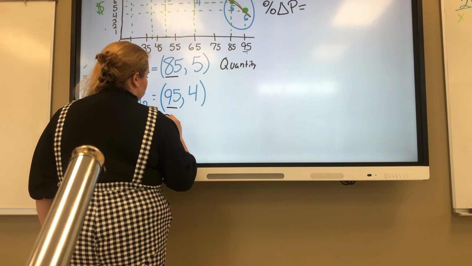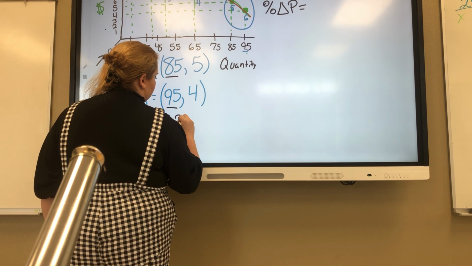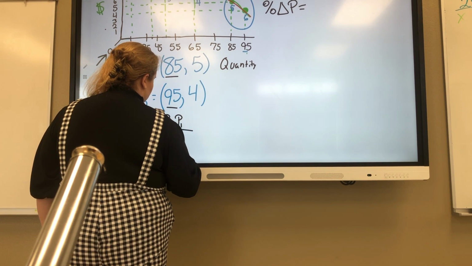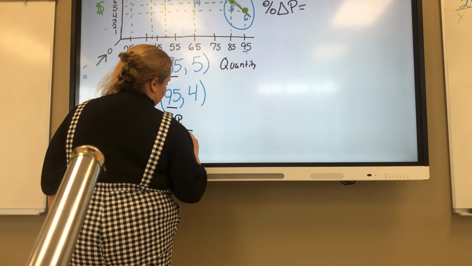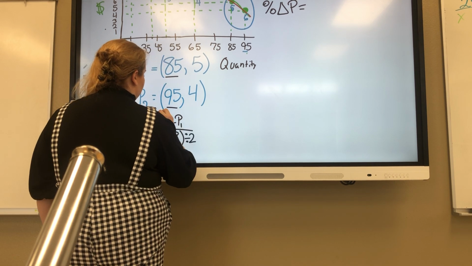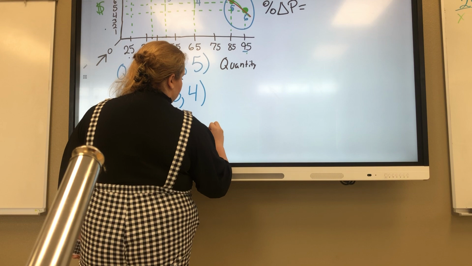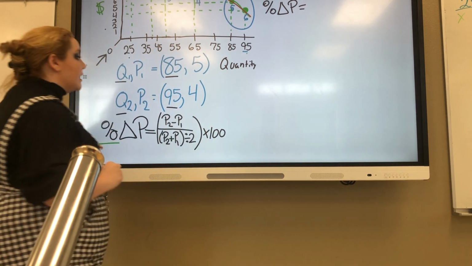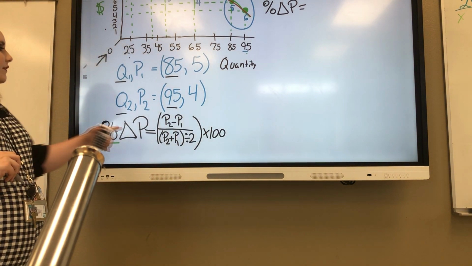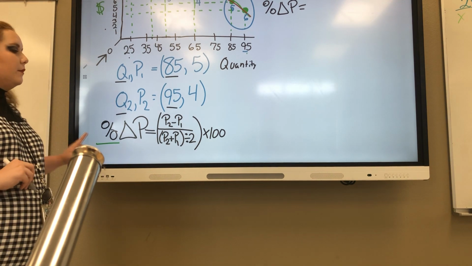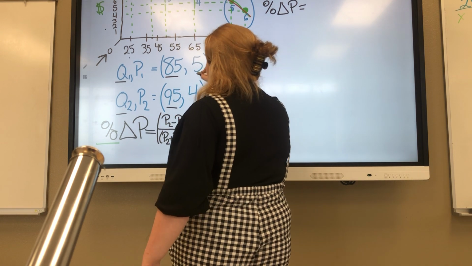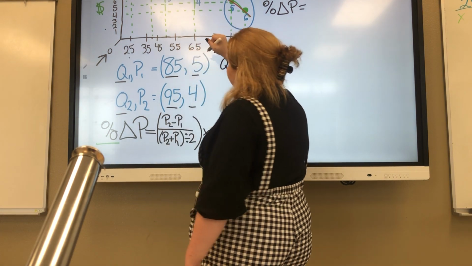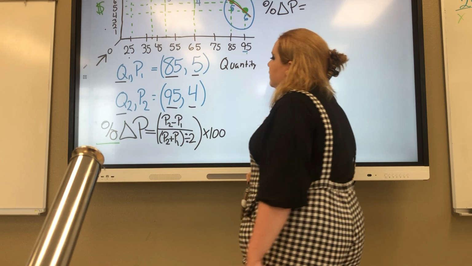So P2 minus P1 over P2 plus P1 divided by 2. And all of this, again, is going to be multiplied by 100 because we're trying to find a percentage. So we know that P1 is 5.